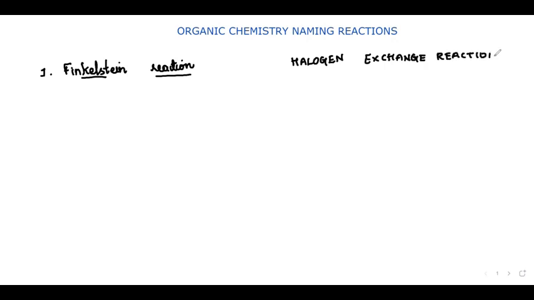Here the already existing halogen will be chloride or bromide. So the reactant here is RX, where X can be chlorine or bromine. Right. So RX, which means alkyl chloride or bromide, can be replaced by iodide.